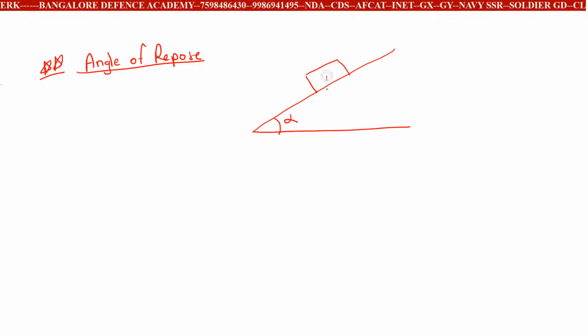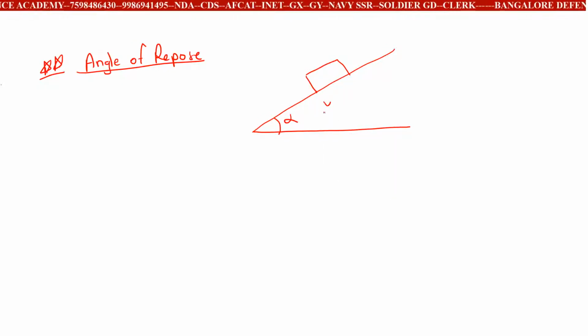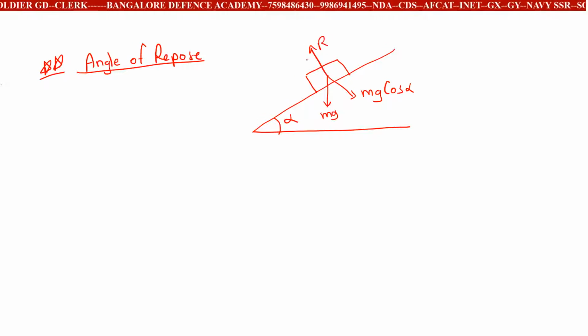The gravitational force acts downwards, so I can take it as mg, and this is the component mg cos alpha, the pushing force and pulling force we have seen just now, and this is the reaction force, and this is the force acting when it is sliding down, that is mg sine alpha. Okay, so now let us try to understand what is the meaning of angle of repose.